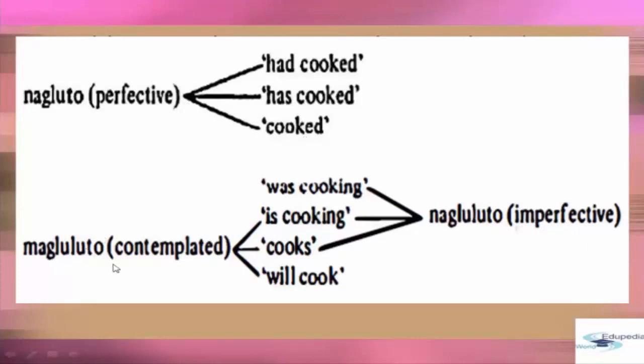Magluluto, which is contemplated: was cooking, is cooking, cooks, will cook. So these are magluluto, which is contemplated. And nagluluto, which is imperfective, we have these three: was cooking, is cooking, and cooks.